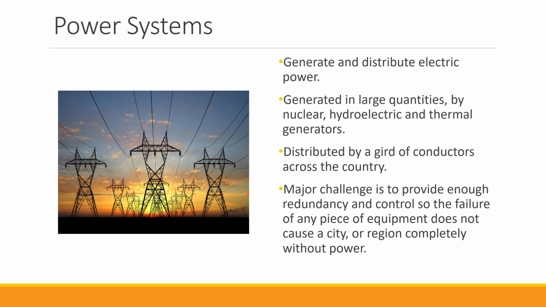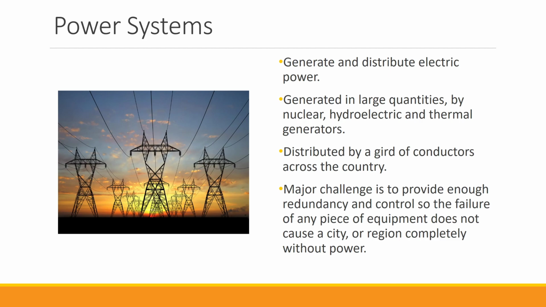We can have power systems, whose main goal is to generate and distribute electric power. Usually power systems work with electrical energy that is generated in very large quantities by nuclear, hydroelectric, and thermal generators.